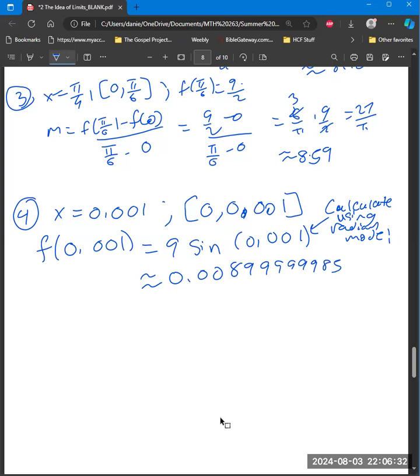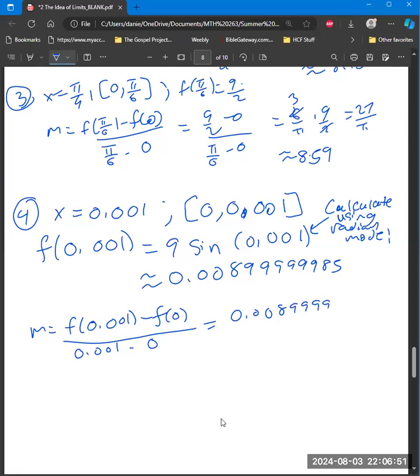And so we have m equal to f of 0.001 minus f of 0 over 0.001 minus 0, which is 0.00899999985 minus 0 over 0.001 minus 0.